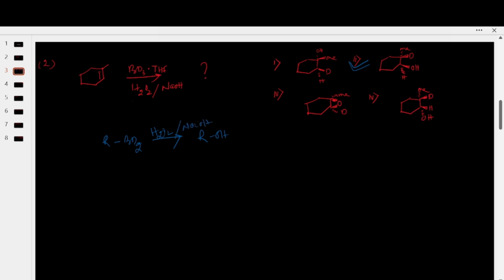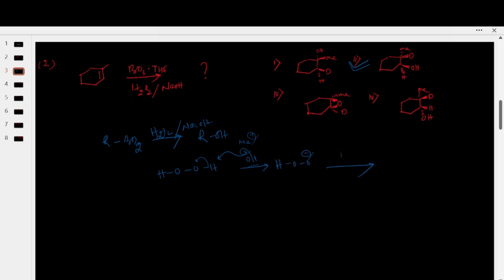Okay, so how we can represent H2O2, that is hydrogen peroxide, and NaOH is OH minus Na plus. So OH minus is a base, it can accept a proton and it will form a peroxide anion.